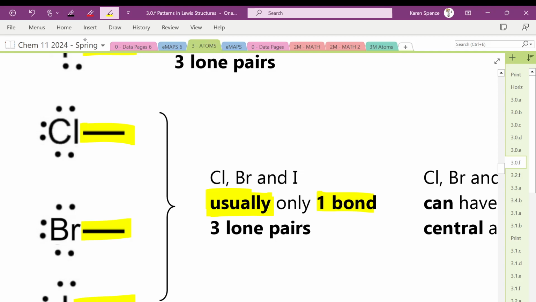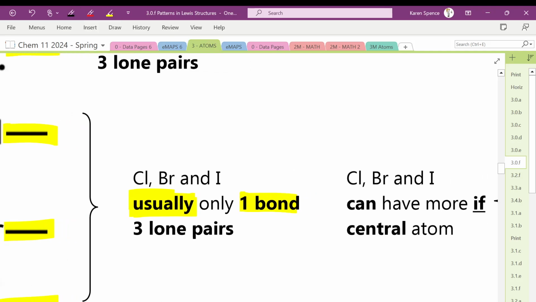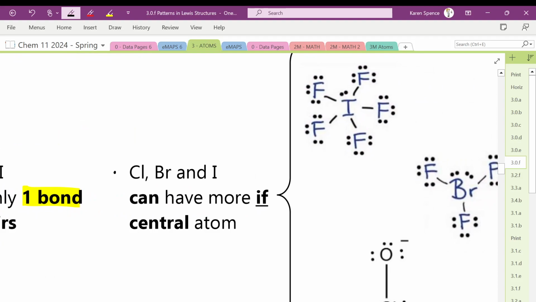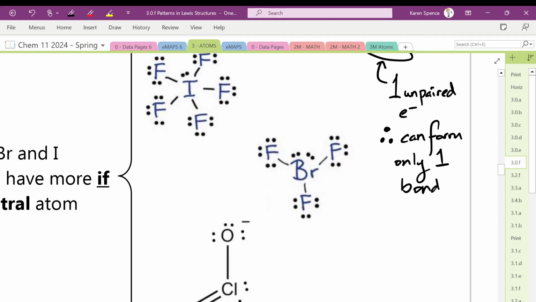Now, over here, this is going to be an enriched thing that we get to maybe at the end. Some of you will get to this. There are complicated things that can happen that can make the bigger halogens sometimes have more bonds. Fluorine can only have one ever.